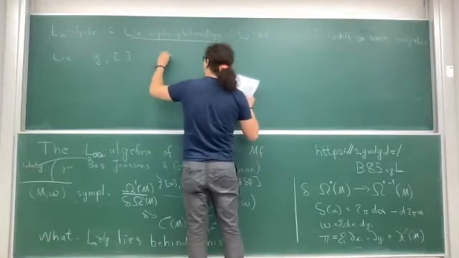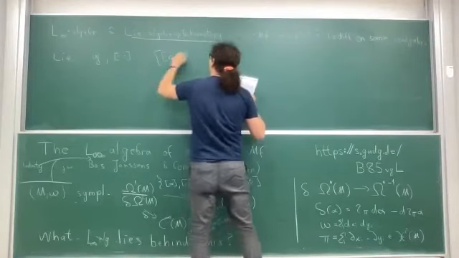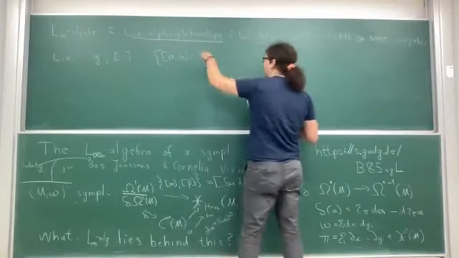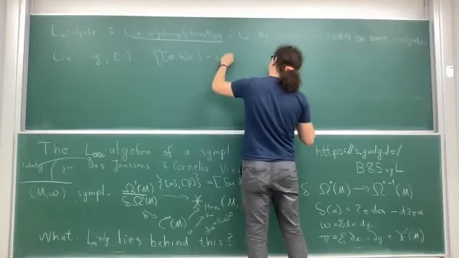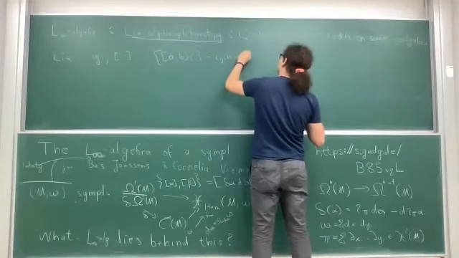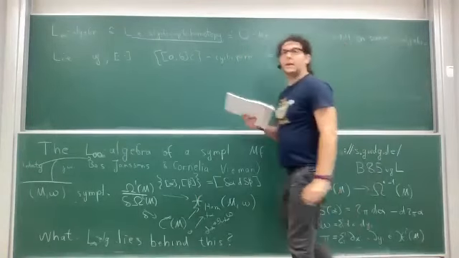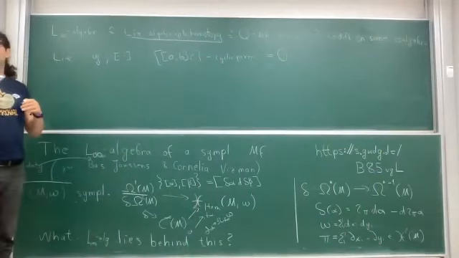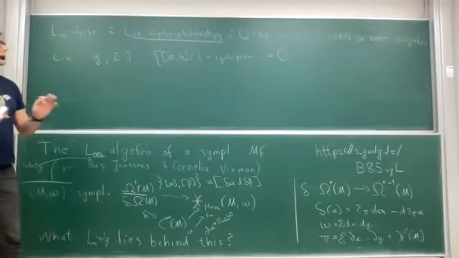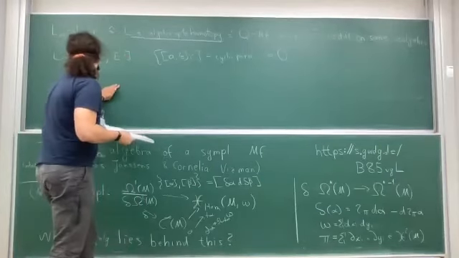The operation satisfies some equation, which is the bracket of a, b, c minus all the usual permutations is equal to 0. And so what we are now going to do is homotopy stuff, which means we're substituting zeros by d of something.